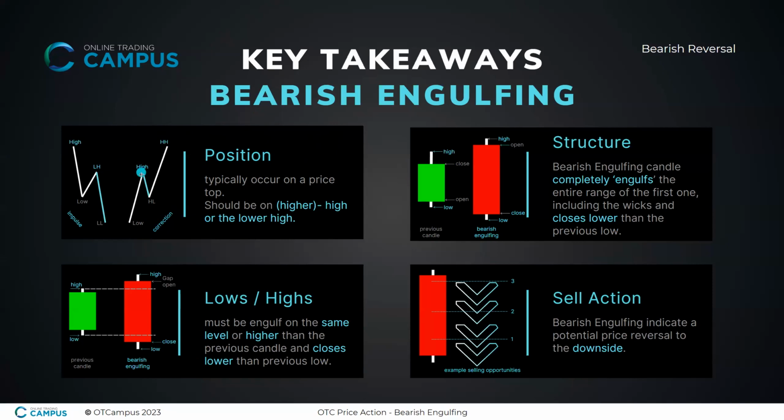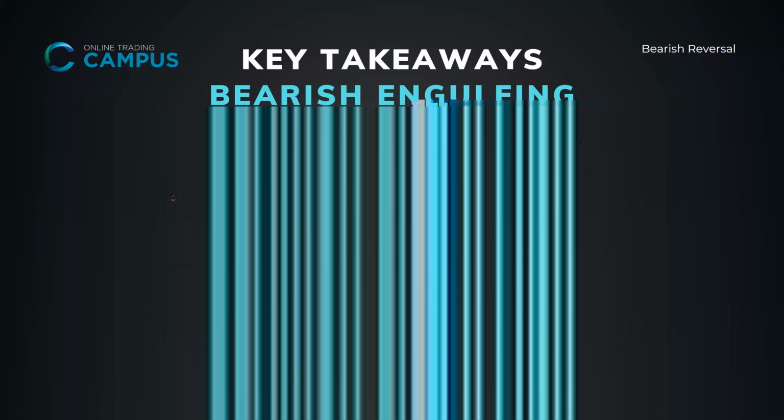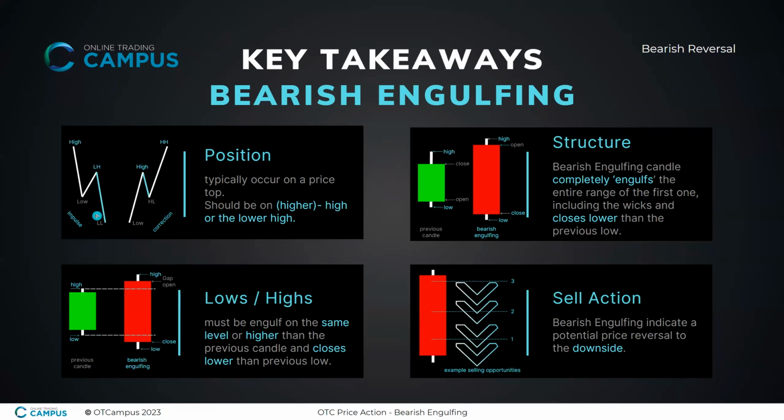If we get the bearish engulfing here or here, we can trade the correction to the higher low, or also trade the impulse on the lower high. Impulse, correction, we create a bearish engulfing in the lower high area, great, you can trade the impulse all the way down to the lower low. That's the position.